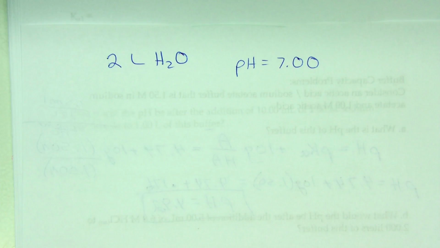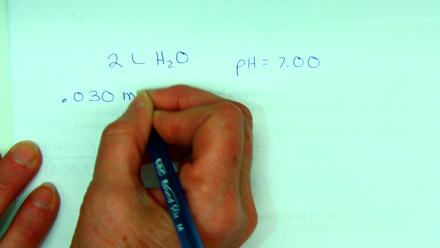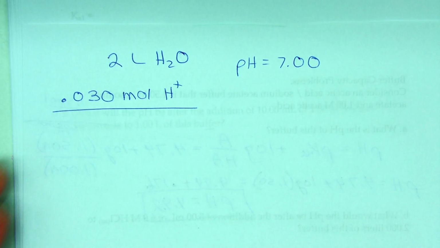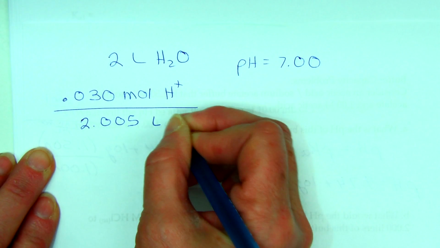Now, I'm going to take that same 0.030 moles of hydrogen ion, loose hydrogen ion, and I'm going to dump that into 2 liters of water. I have 5 mils of acid, so now I'm going to have 2.005 liters of solution, right?